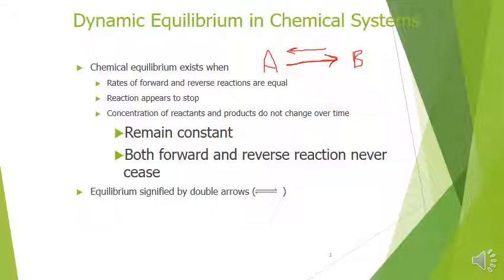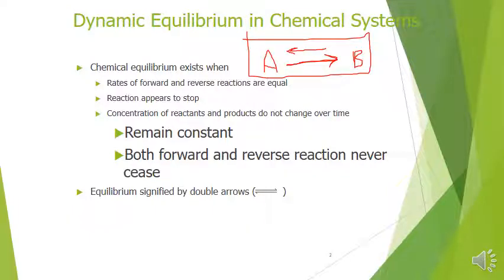The way you can test this and see that it happens is if you have a completely closed, isolated system, so you can keep A and B together without any energy or matter leaving.